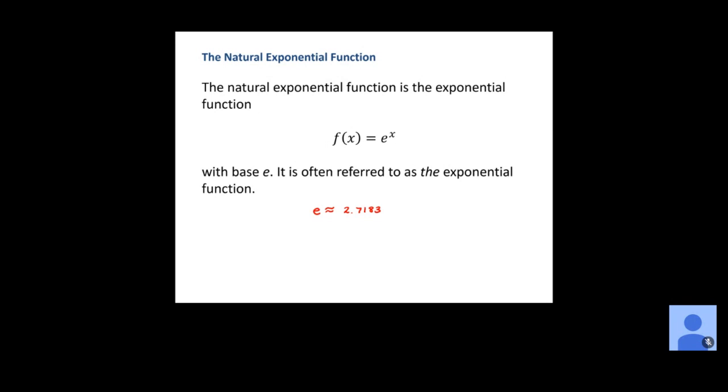This is why normally in algebra we don't use E as a variable if you're trying to solve an equation, because E normally represents an actual numerical value, and we don't want to get that confused.